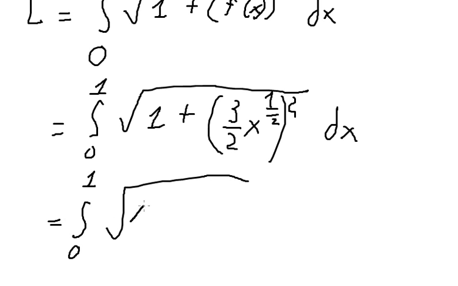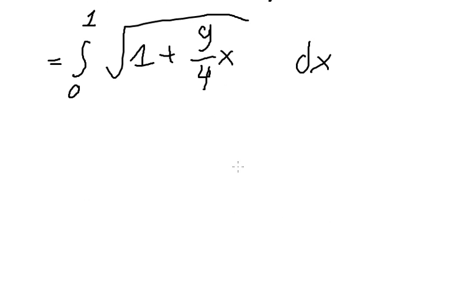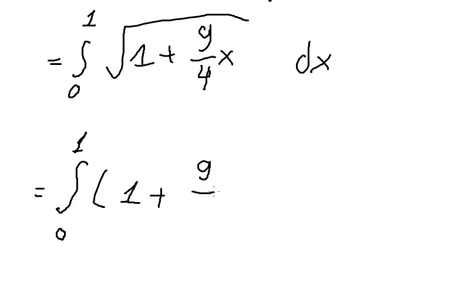So we have the square root of 1 plus 9 over 4 s ds. And now this one we can change into the integral from 0 to 1 of 1 plus 9 over 4 s to the power of 1 over 2 ds.